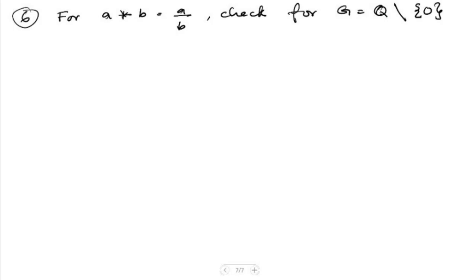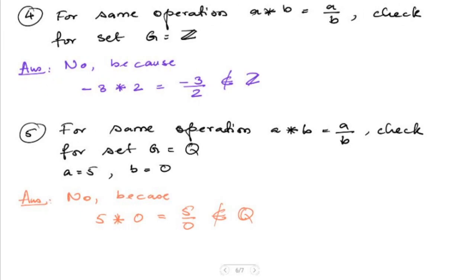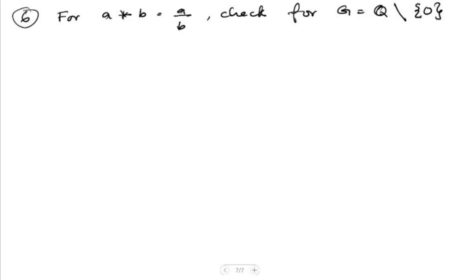So you cannot have 0 now, neither for a, neither for b. In this case, you know that this will be true, right? Because in the previous case, we could only say that it is not closed under the operation, because g was the rational numbers, so we could choose the number 0. So if we chose b equal to 0, then the answer would not be a part of the rational numbers, so it is not closed under the operation.